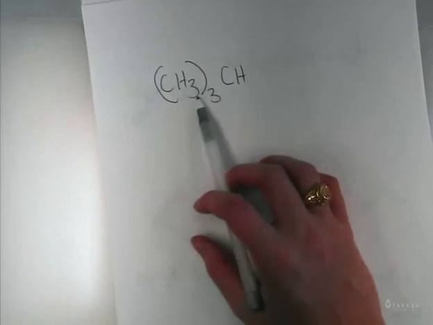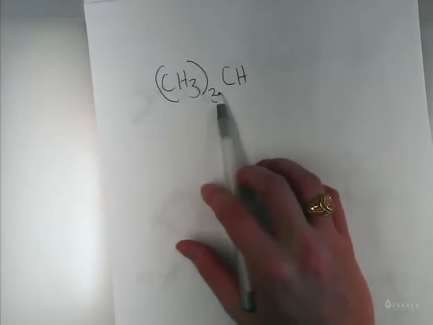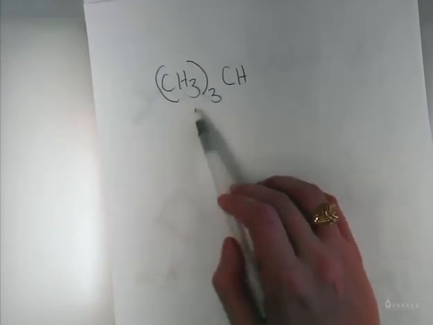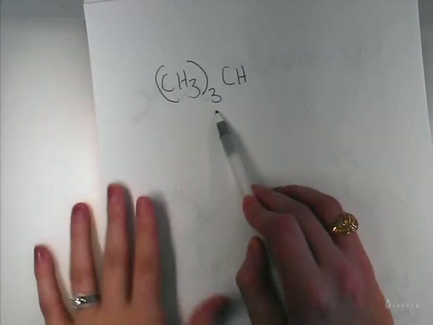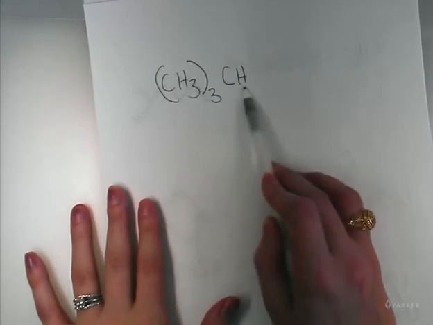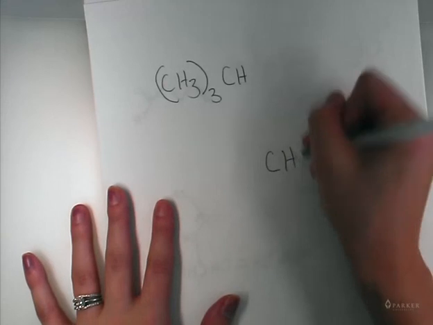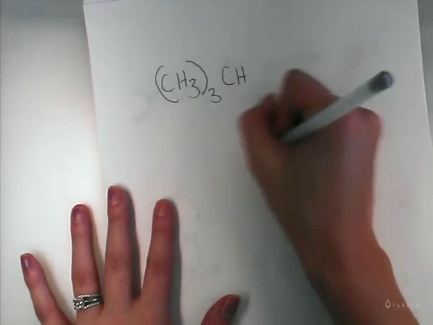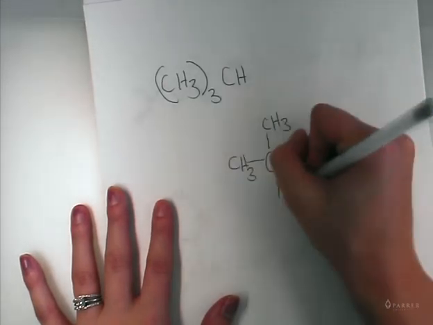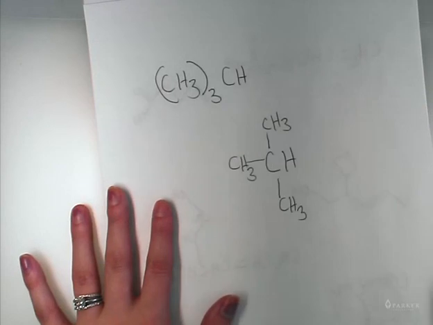Okay? What that tells me is that these CH3s, how many of them are there? 3 of them, and they're all bonded to the CH. So it would look like this if you drew the whole thing out. Like that.